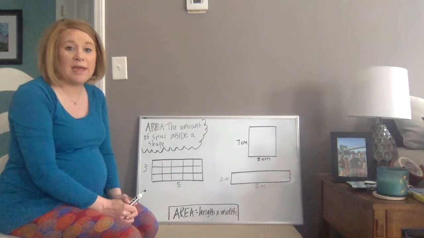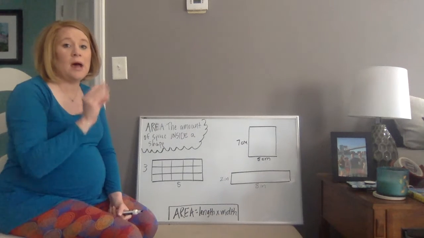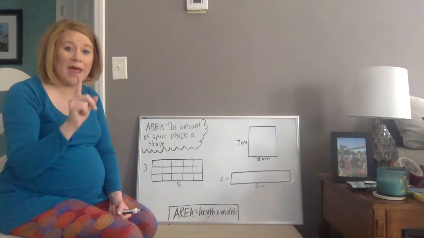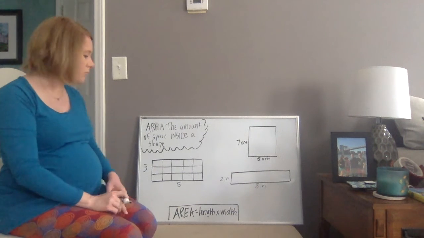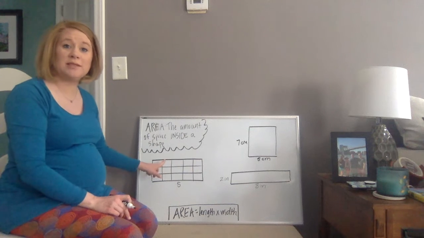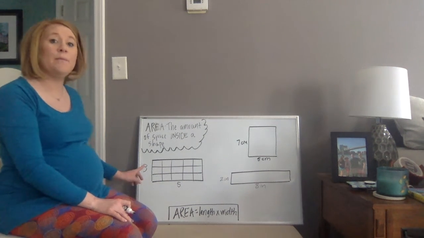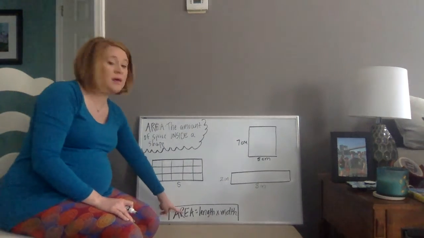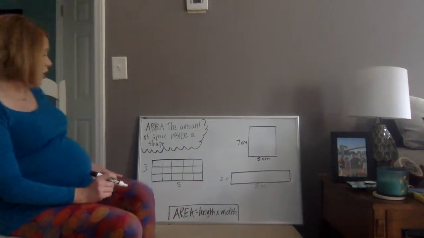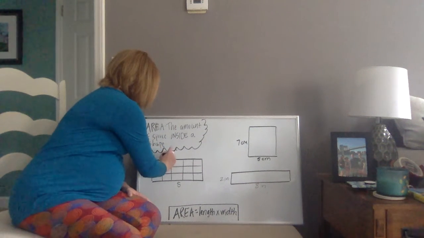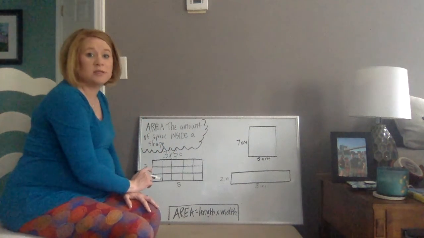When we learned multiplication, we were able to put blocks or draw squares that created an array, which is like a rectangle. So this looks like an array to me. And I know that with arrays, to figure out the total, I can multiply the length times the width. So I know that 3 times 5 equals 15.